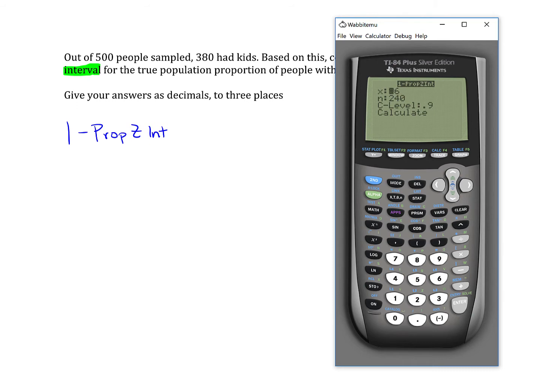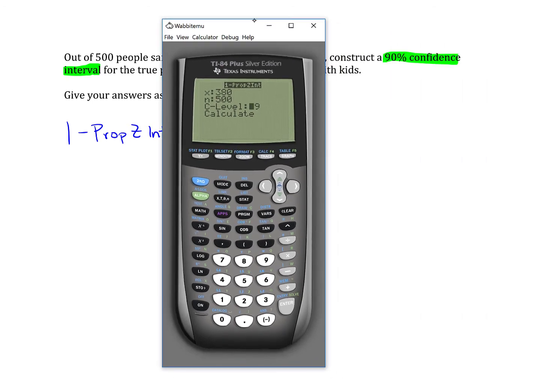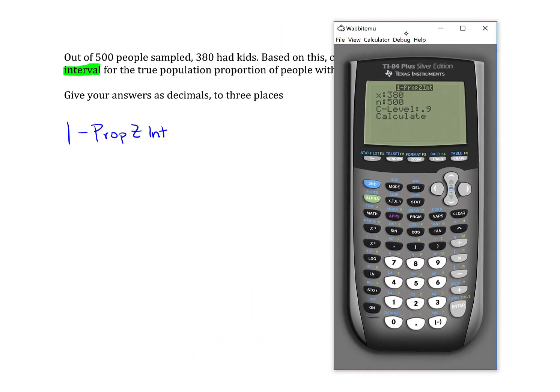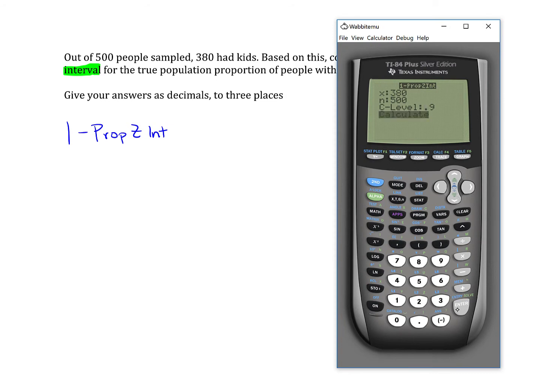It needs 3 pieces of information. It needs the number of items that favor your event in the sample. So we had 380 people that had kids out of 500 couples total. Then the confidence level was given as 90%, so 0.9, that's fine, leave that alone.